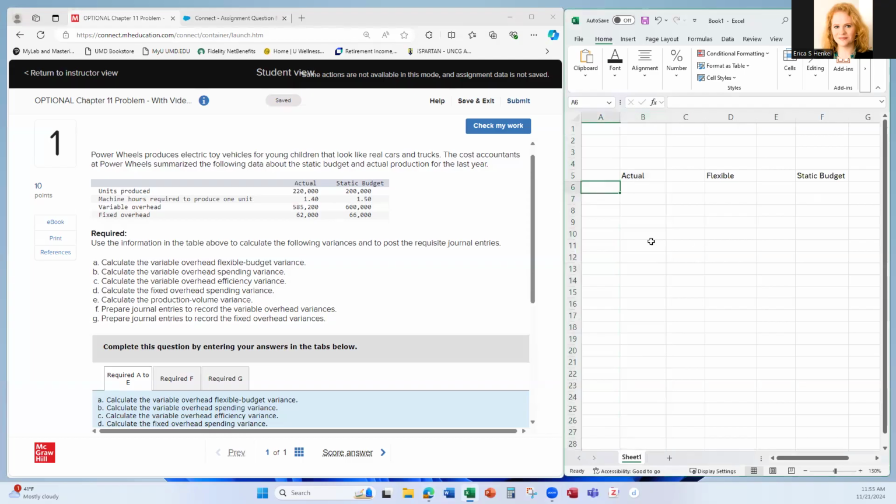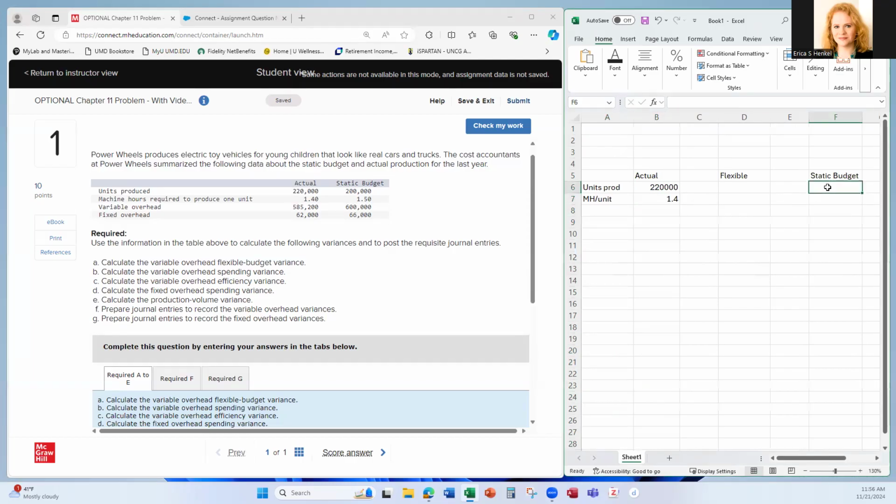So, okay, we're going to have units produced, make this a little wider so I've got a little more room there. Units produced, machine hours per unit, and then I'll wait on the other two here. So first of all, let's just plug this in: 220,000 units produced with 1.4 machine hours per unit.